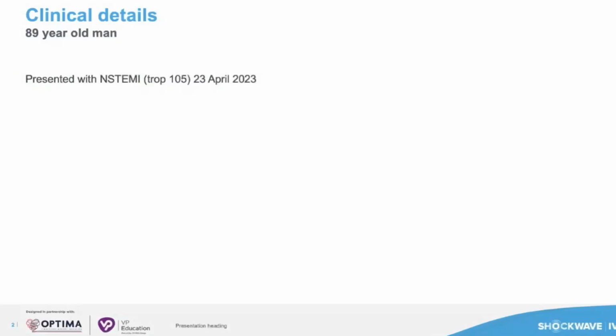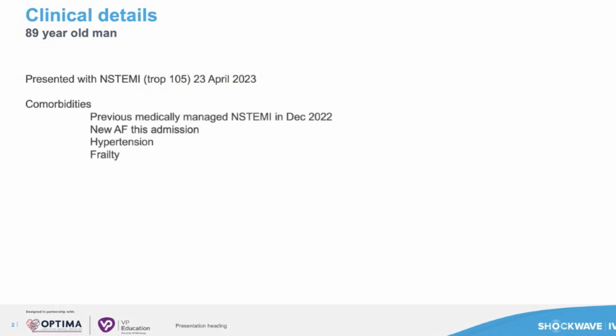Yes. So our patient is an 89-year-old man. He presented with a non-STEMI last week with a small troponin rise. In terms of comorbidities, he had a previously medically managed non-STEMI in December. So this is his second presentation. He also has new AF, which was diagnosed on admission. He has hypertension and is relatively frail.